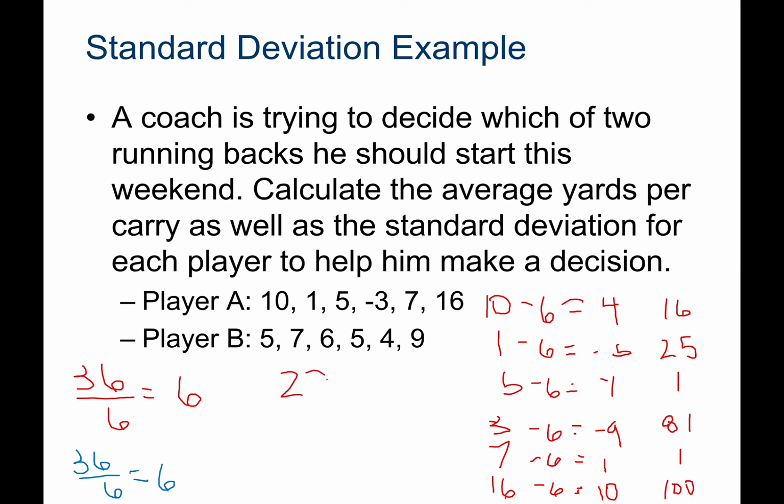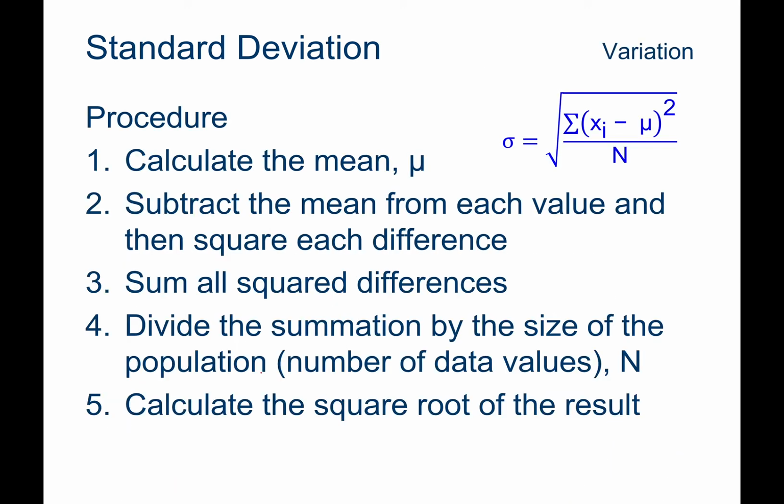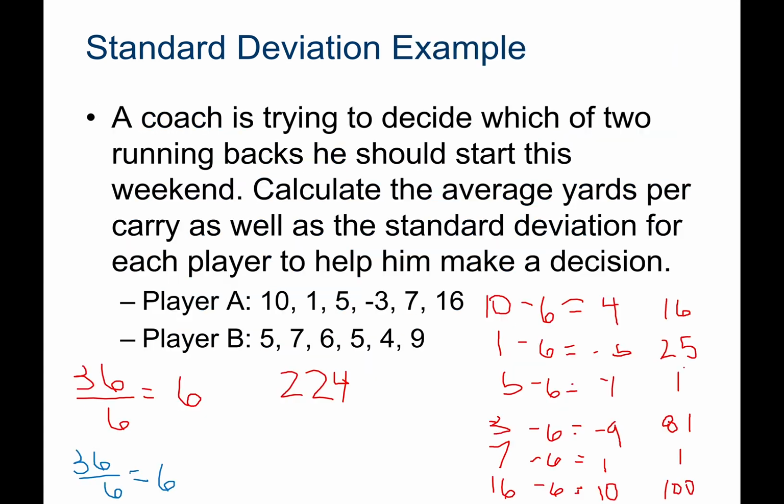Move my work over to the middle here because I'm running out of space. So I just finished the sum of all of the squared differences. Next up, I'm going to divide the summation by the size of the population. So I've got 6 data points. So I divide this by 6 and end up with about 37.3.